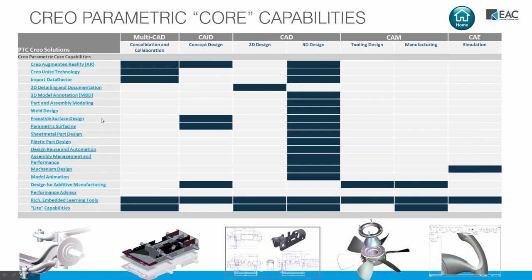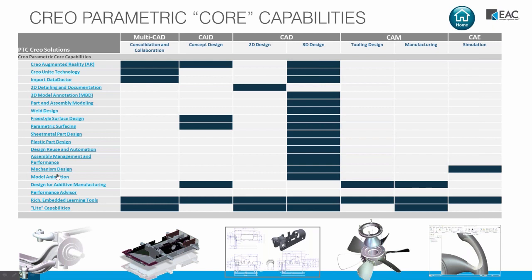typical capabilities there, welding, the freestyle surfacing, parametric surfacing, sheet metal, plastic part design. By that they mean the capability of doing thin wall analysis and also draft analysis on parts. Design, reuse, and automation. That's just a fancy phrase for family tables. Assembly management and performance.